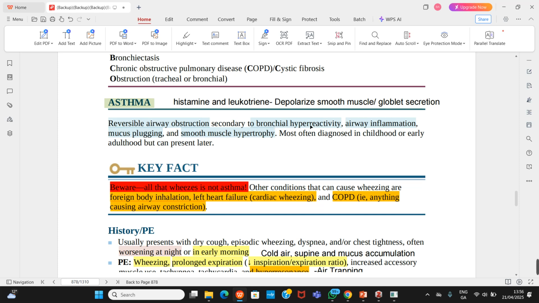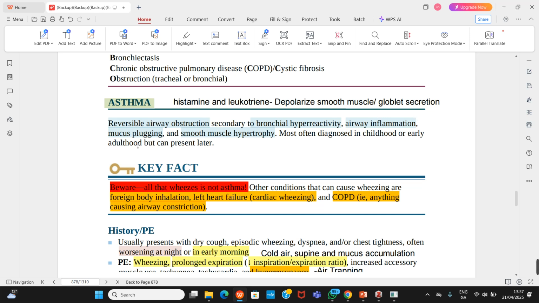There is bronchial hyperreactivity, so that the bronchial airways are hypersensitive to allergens. It could be pollen, it could be dust, it could be anything. And when that allergen comes in, there's going to be inflammation because the white blood cells are going to react to try to get it off. And due to that airway inflammation, there's stimulation of some goblet cells in the airway.